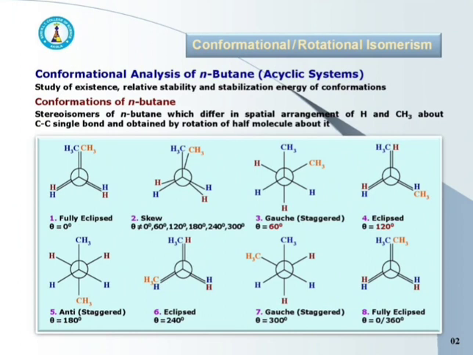Out of conformations 3, 5 and 7, conformation number 5 is the anti-conformation. Here the dihedral angle theta of the anti-conformation of n-butane is 180 degree.